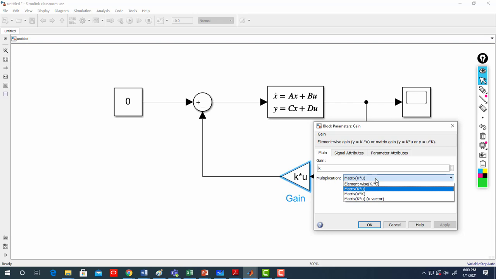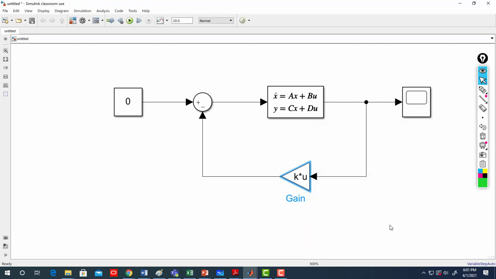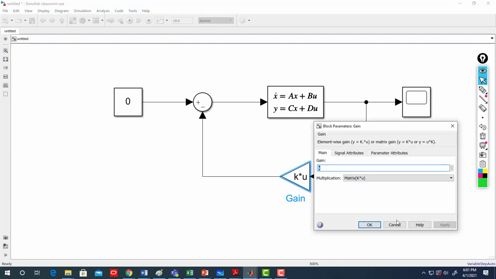What's the difference between element wise and matrix multiplication? Element wise is element by element of the vector and the matrix. Here, matrix multiplication is like K times U, where U is the input. So K times U, you get the output. You can also have U times K, you can see the help.